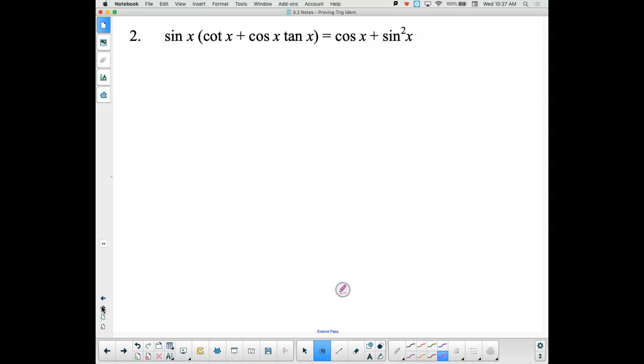I'm going to let you guys do this one, but I want you first to tell me which side is uglier, which side is more complicated. Left or right? I'd go left. Yeah, I'd go left side being more complicated on this one. Okay, go for it. Probably want to distribute in that sine, right?